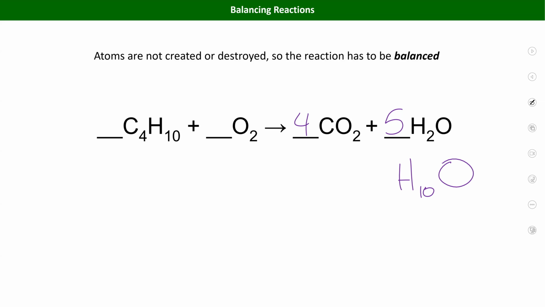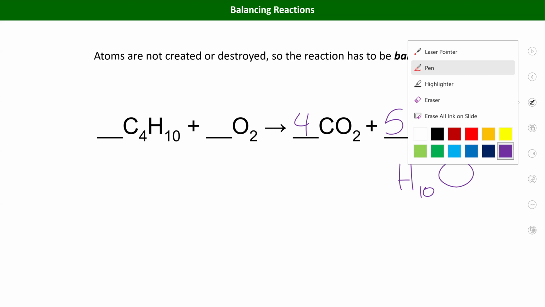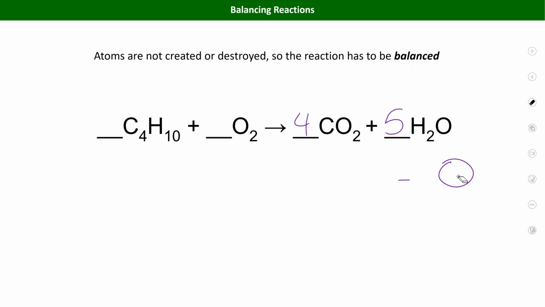Once we get our reaction written, we can change how many of a molecule we have, but we can't change what that molecule is. So now our carbons are balanced because we had 4 carbons on the left and we've got 4 carbons on the right. Our hydrogens are balanced because we got 10 hydrogens on the left, 10 hydrogens on the right.